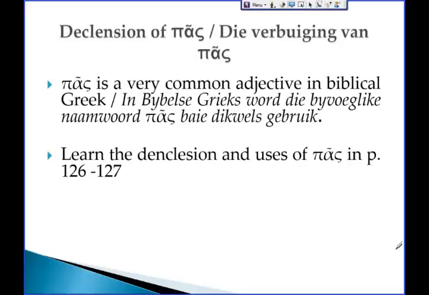In the very common, predicative position, what do we mean by predicative position? If you were to explain to me, following the rule of the definite article, please give me an example of a predicative position.